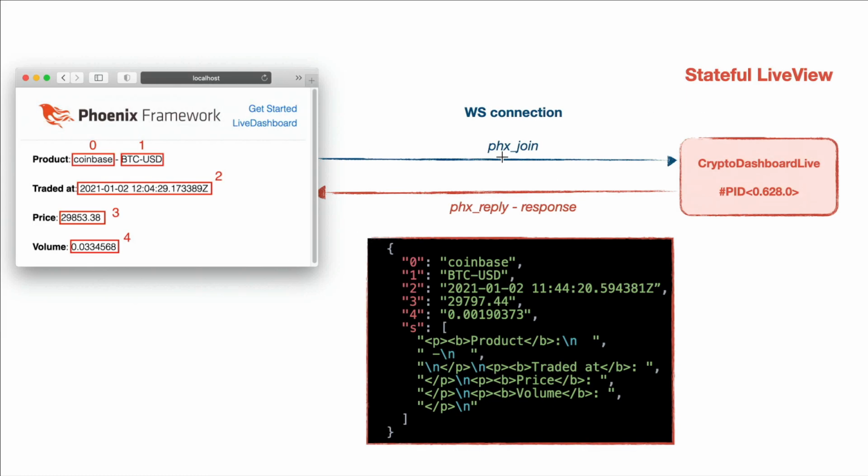The browser sends a Phoenix join message and LiveView answers with a Phoenix reply message in which there is the rendered view with dynamic parts and the static parts. Each dynamic part has a position.